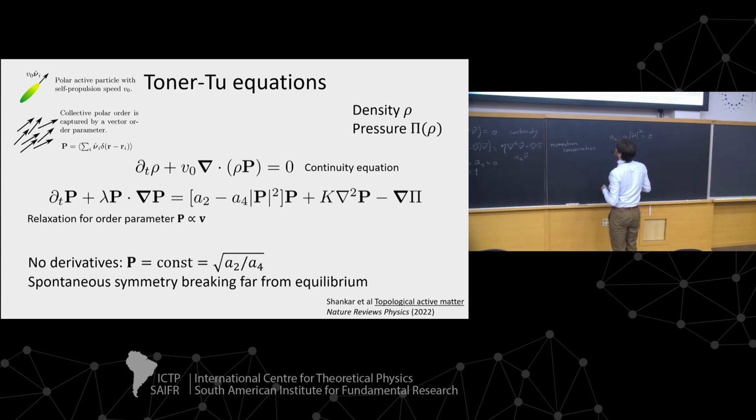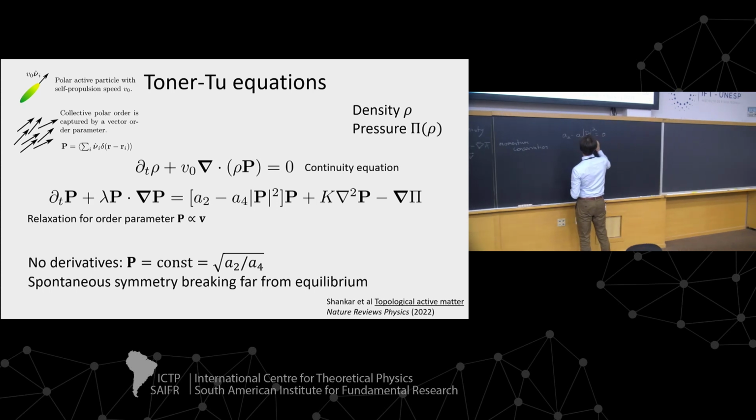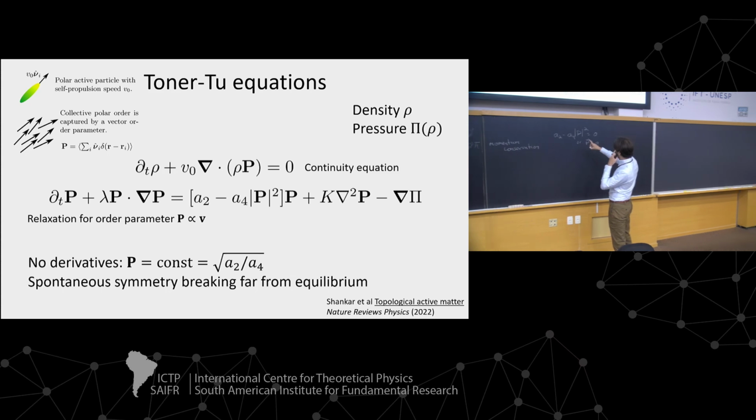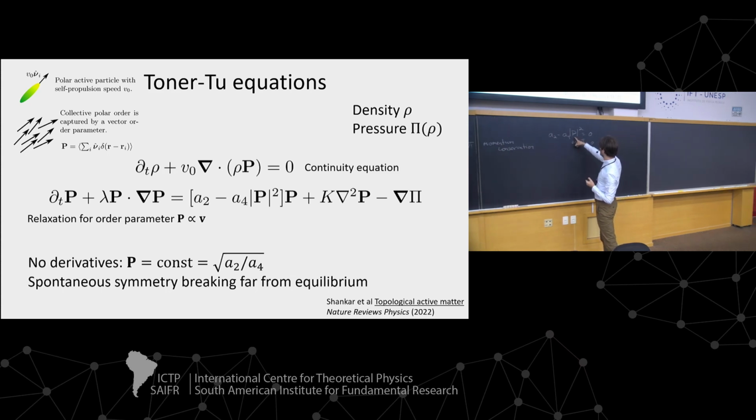Either P is 0, or if P is not equal to 0, then you can have this other solution, only in the case that A2 is positive. You'll get a real solution that's given by this expression, the square root of A2 over A4.